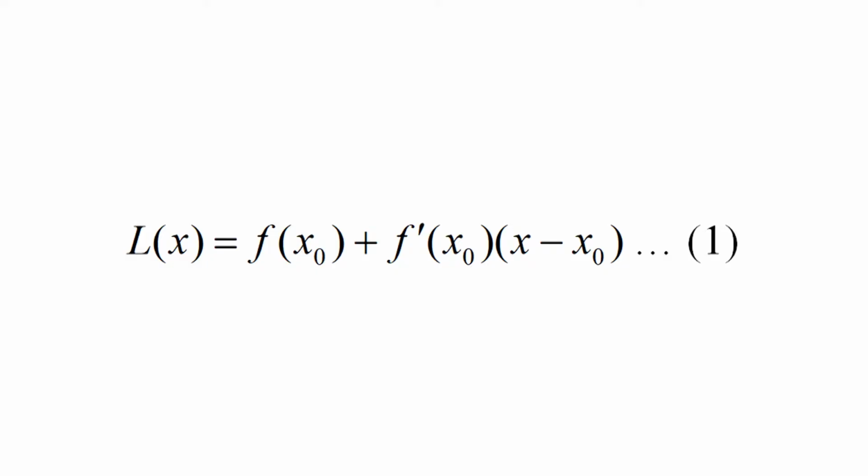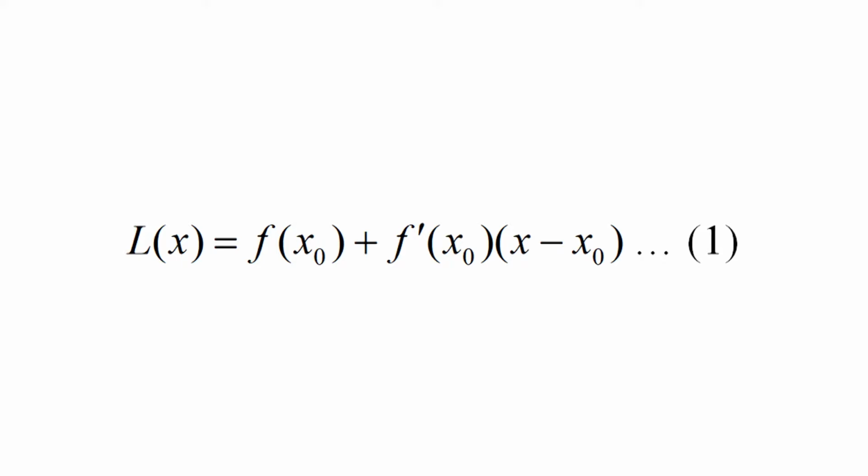If f is differentiable at x = x₀, then the approximate function L(x) = f(x₀) + f'(x₀)(x − x₀), which we call equation 1, is the linearization or local linearization of f at x₀.